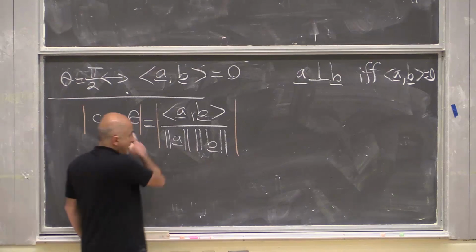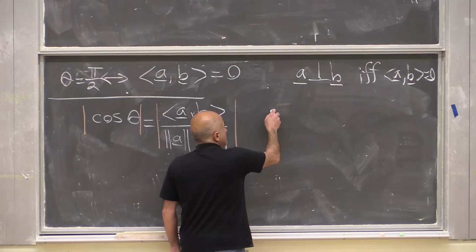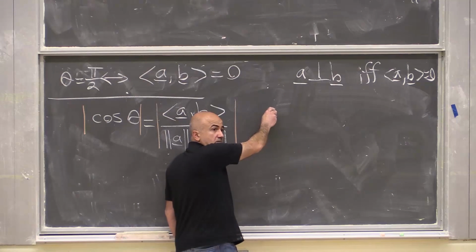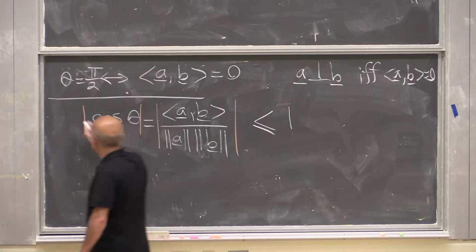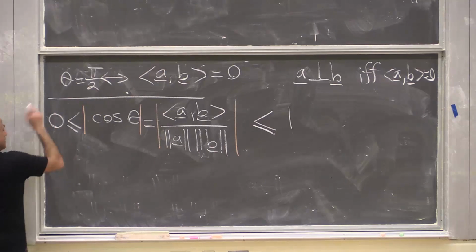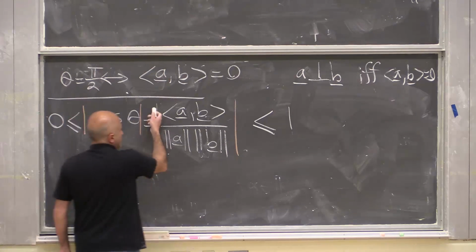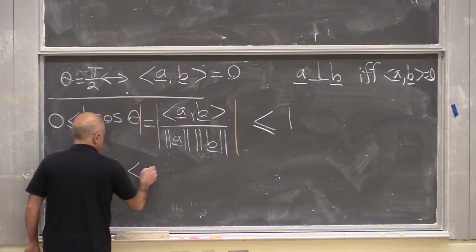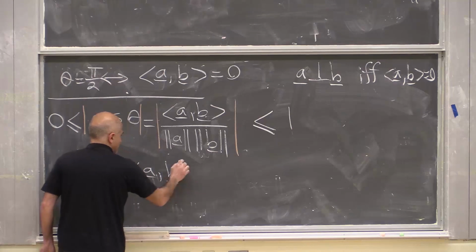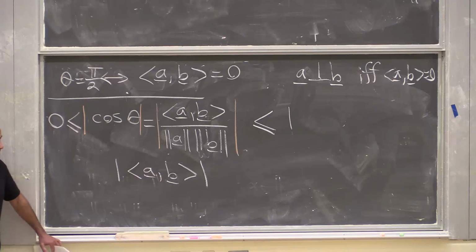what do you know about the absolute value of the cosine of an angle? Between 0 and 1. So can you come up with an inequality for this, the magnitude of the inner product?